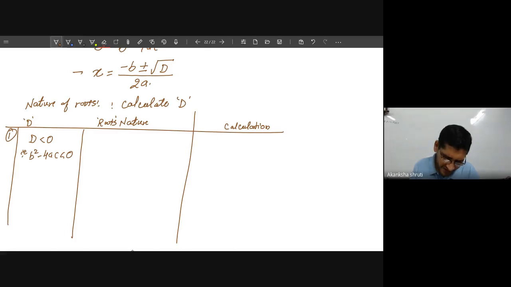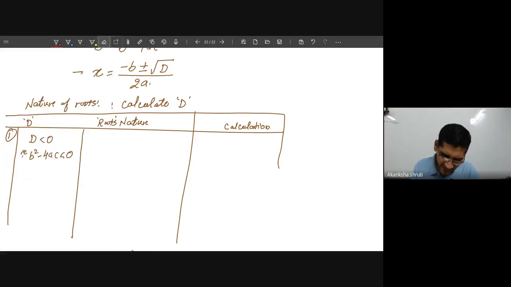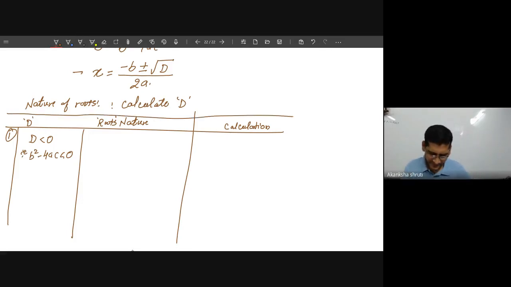So students, make this table properly, and keep it open-ended.